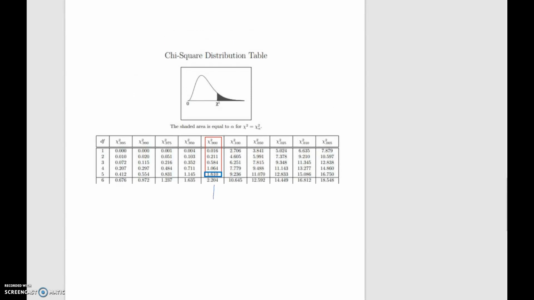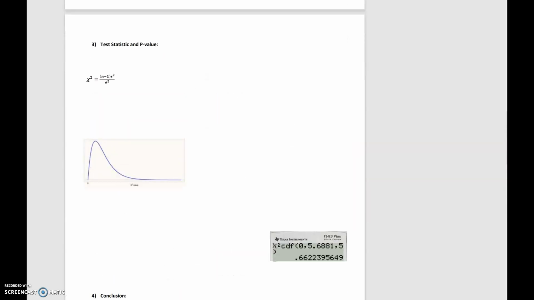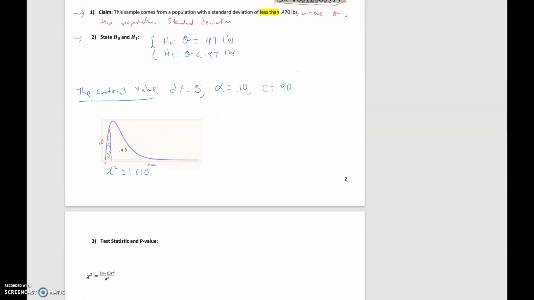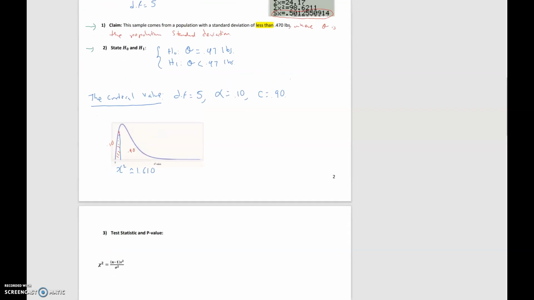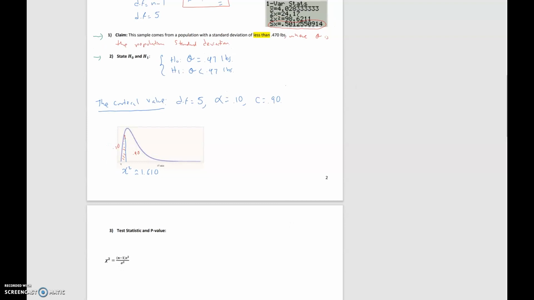So once again, here we have it. This is a critical value with 5 degrees of freedom and 0.90 to the right. Okay, and we technically don't need it, so I'm just going to box it out.